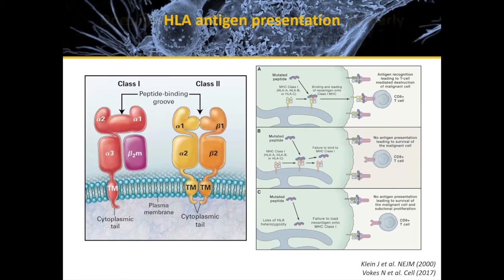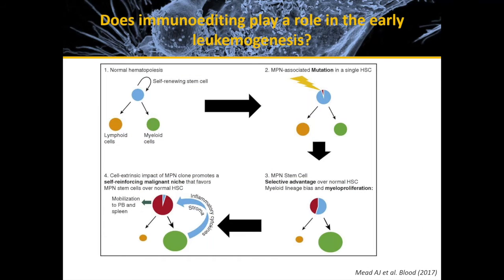Unlike solid tumors, hematological malignancies are characterized by lower mutational burden, and therefore they are less likely to produce immunogenic neoepitopes. However, there is some evidence of the role of HLA in immune editing.